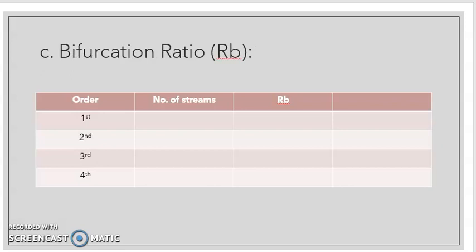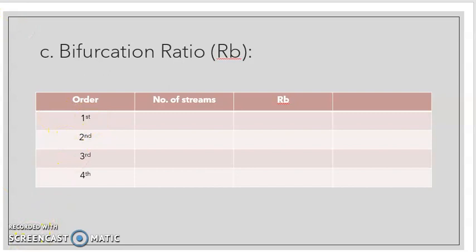And moving on to bifurcation ratio. We can answer this question simply by using the table that is present here, in which we have the order of the river, the number of streams, and bifurcation ratio. So we already know what order is. Number of streams is nothing but the total number of that particular ordered stream in the diagram.